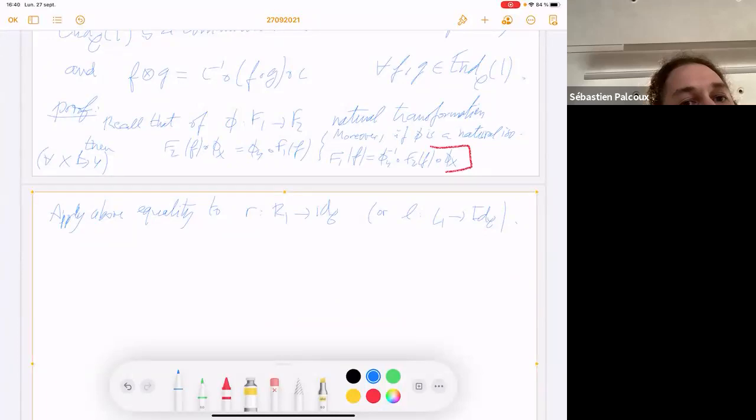So we apply the equality coming from the natural isomorphism to R, or L, and you take F, G from 1 to 1.